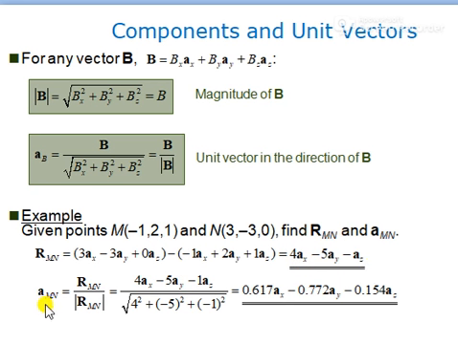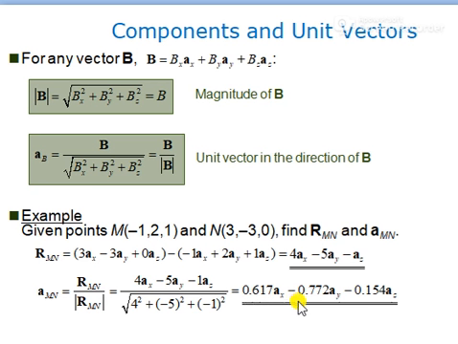Now amn is the unit vector, that is rmn divided by the modulus of rmn, vector divided by its magnitude. So 4ax minus 5ay minus 1az divided by the root of 4 square plus minus 5 square plus minus 1 square. So this you will get as 0.617 ax minus 0.772 ay minus 0.154 az.